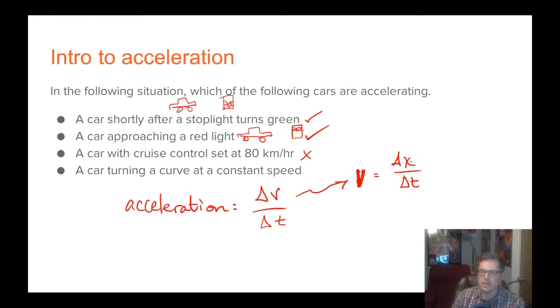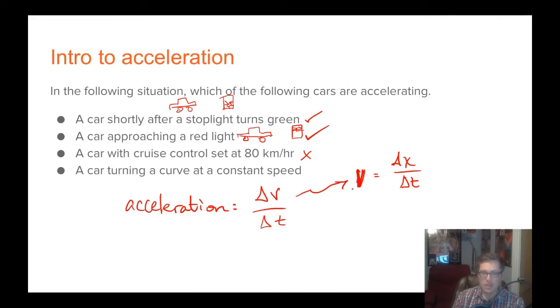So this tells us that if our displacement changes, our velocity changes, and therefore our acceleration will also change, because they're all linked to one another. Delta x goes directly into v, and v goes directly into acceleration. All right. So if we change our direction, that also means that we're changing our velocity. Right?